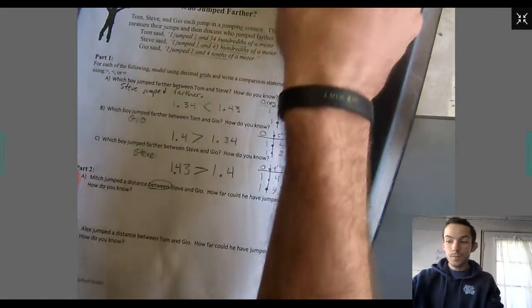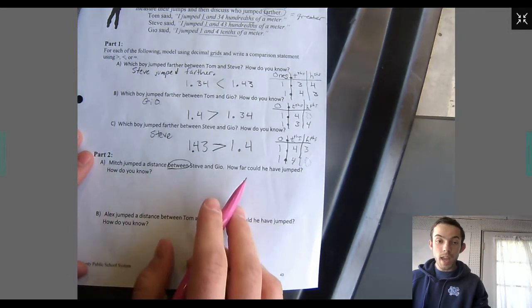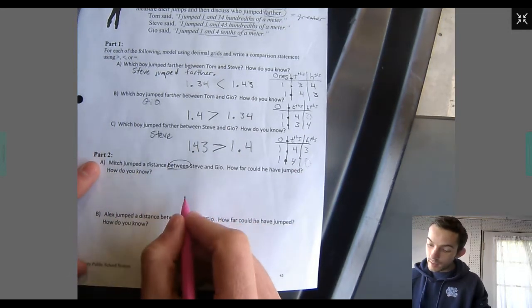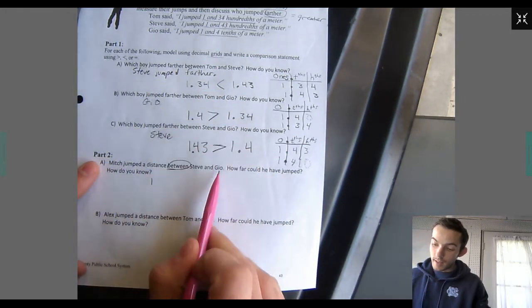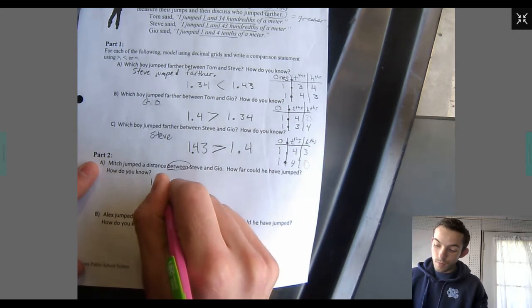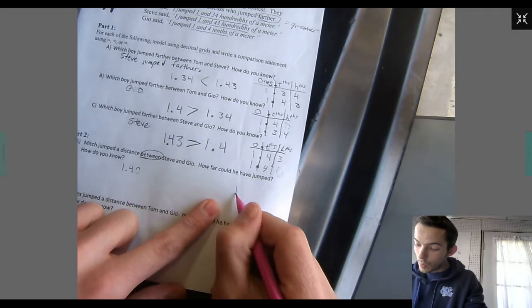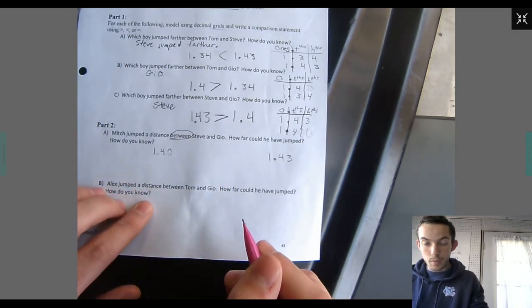So down here, we have a little challenge. Mitch jumped a distance between Steve and Geo. How far could he have jumped? Steve's, if you recall, was... I should start with Geo. I see that he's the lower one, 1.40, all the way to 1.43 to represent Steve.